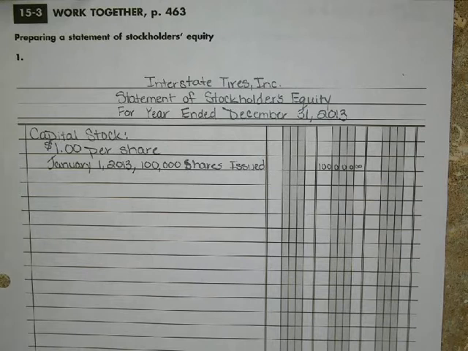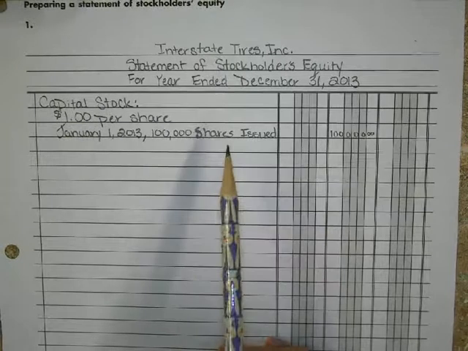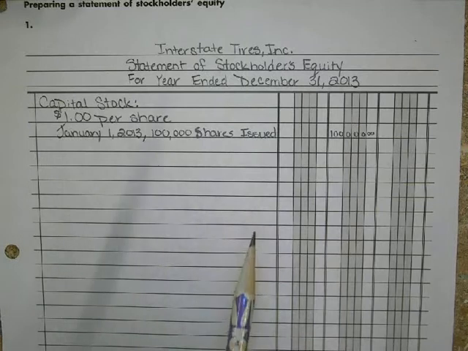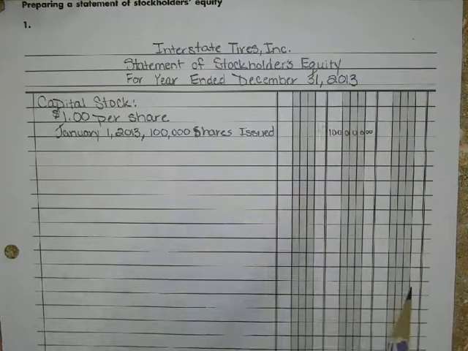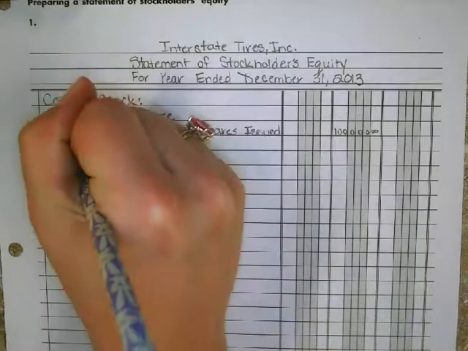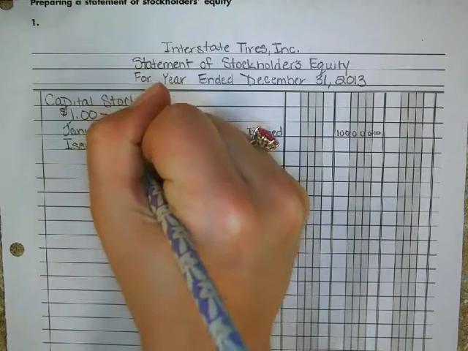Okay, what is the next thing that we need to write down? We talked about this yesterday already. We looked at how many shares we had at the beginning of the year. Now what do we have to look at? How many we issued throughout the year. Okay? So what we're going to label that as is issued during current year.